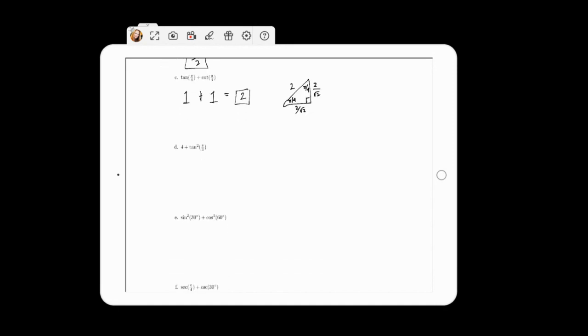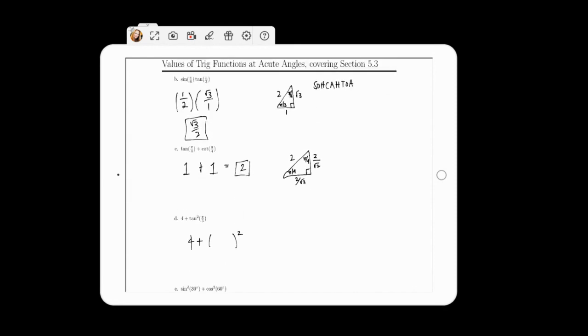So next problem is 4 plus tangent squared of pi over 3. So I need to do 4 plus whatever the tangent of pi over 3 is, squared. And the tangent of pi over 3, let's look at the triangle above, and we know the tangent of pi over 3 is going to be the opposite over the adjacent.